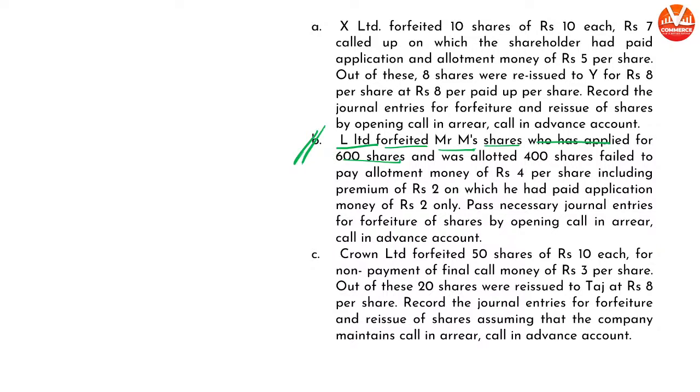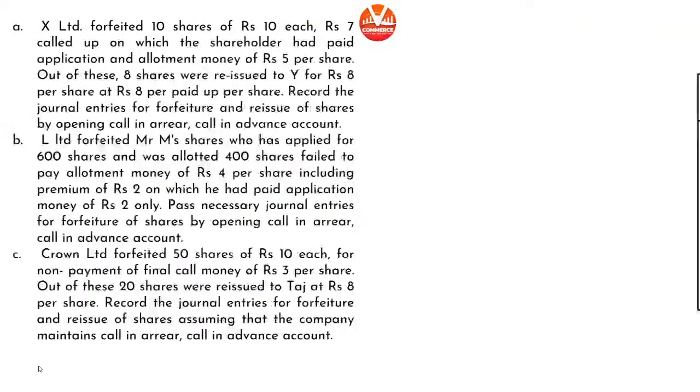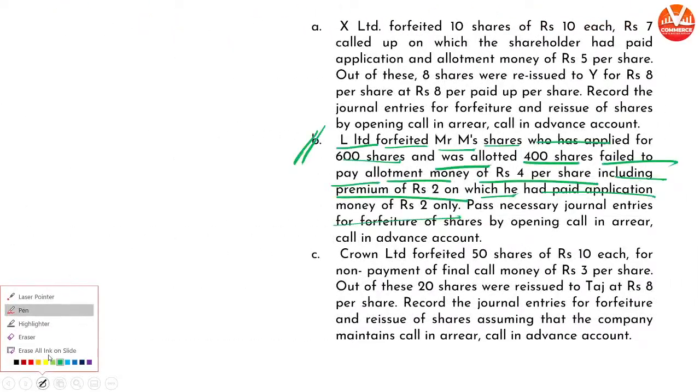So this is over subscription because he applied for 600 and he was allotted 400, and he failed to pay allotment money of 4 per share including premium of 2, on which he had paid application money of rupees 2 only. So this is very important. So let's do this one. This is an over subscription short question.